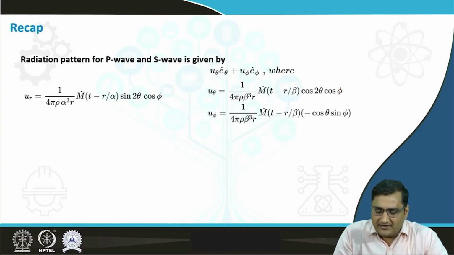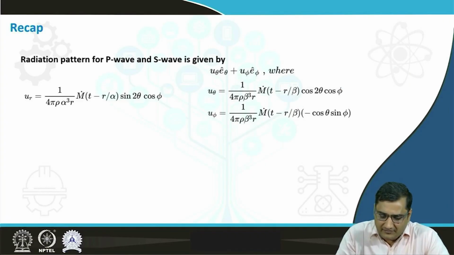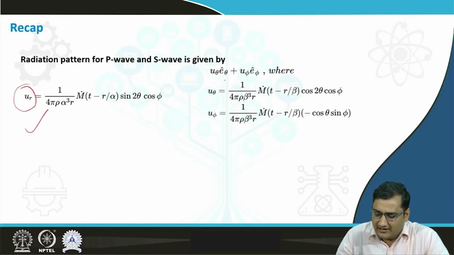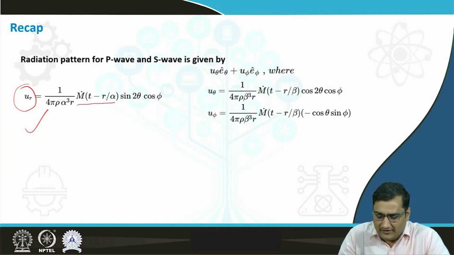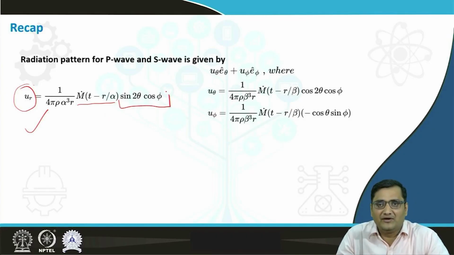The radiation pattern we learnt about for the P wave and the S wave can be given by these expressions. The amplitude in the radial direction for the P wave is equal to 1 by 4 pi rho alpha cube r, that is, proportional to 1 by r. And there is the seismic moment rate function, M dot, of t minus r by alpha, and this represents the radiation pattern of the P wave.